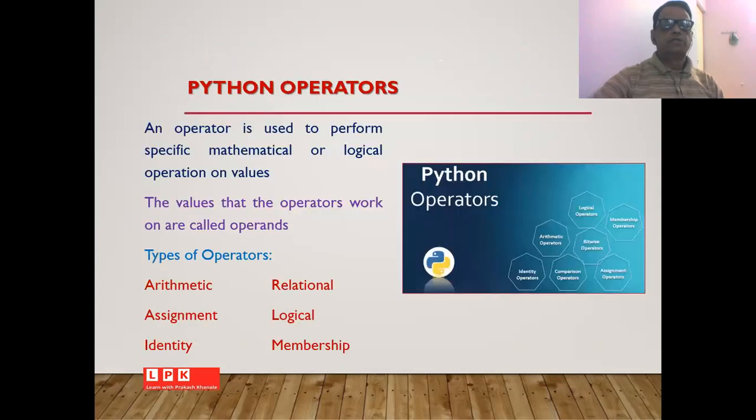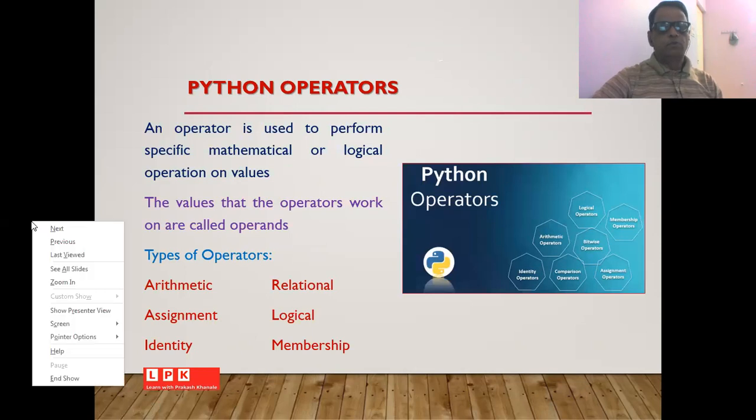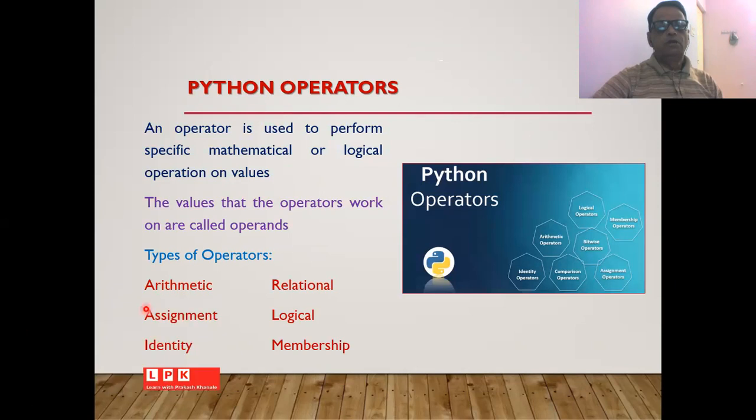So let us start the session with the question: what do we mean by operator in the Python programming language? An operator is a symbol that is used to perform a specific mathematical or logical operation on values.